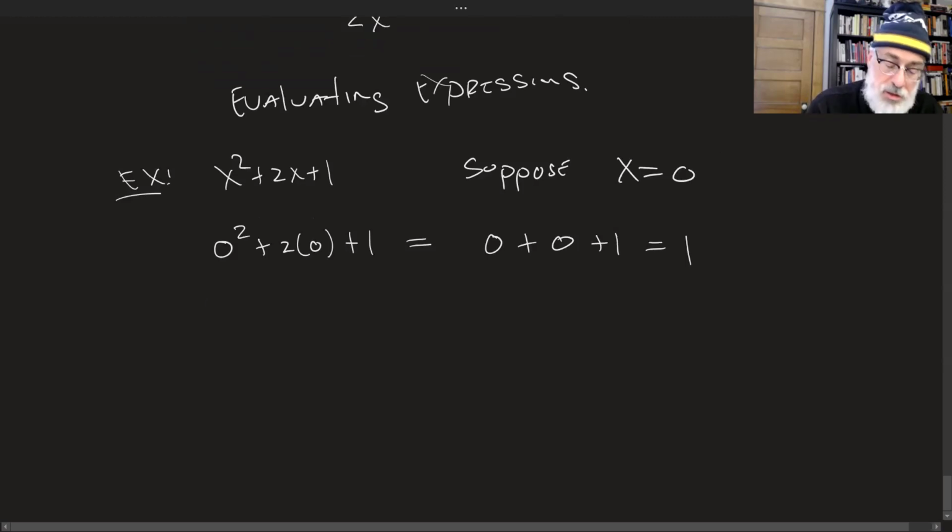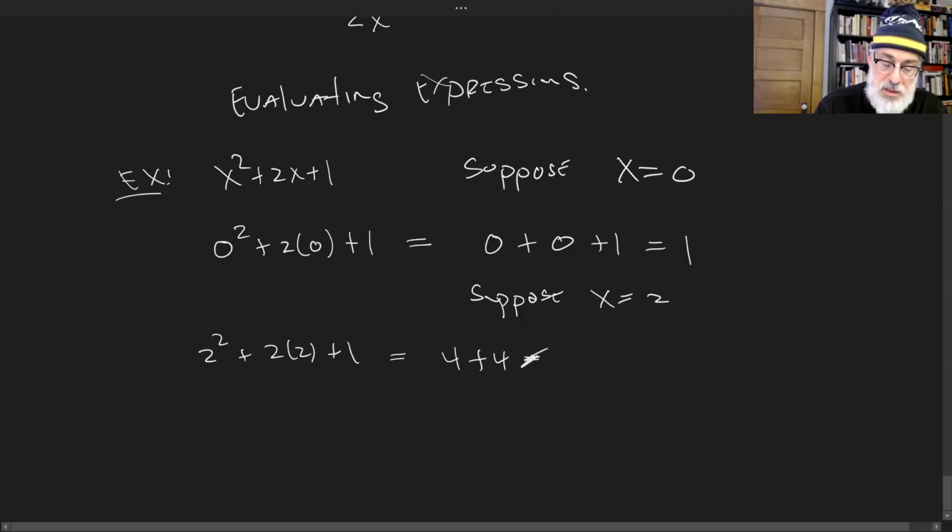We can also pick another number. Again, I'm picking really nice numbers. You can challenge yourself if you want by picking something a little more ugly. So this would be 2 squared plus 2 times 2 plus 1. 4 plus 4 is 8, plus 1, I'm doing left to right, order of operations, 9.